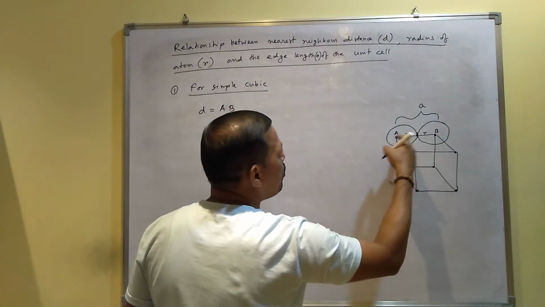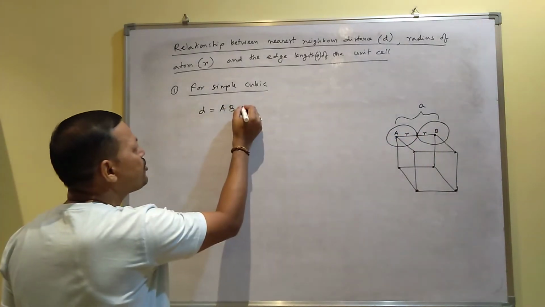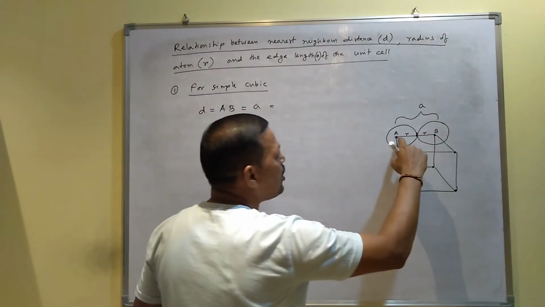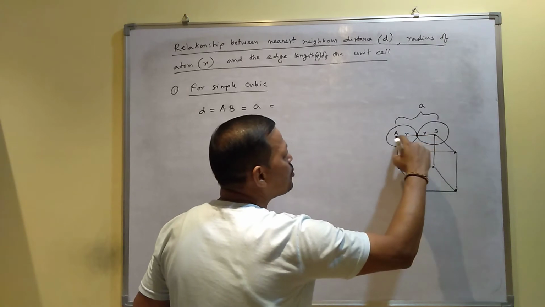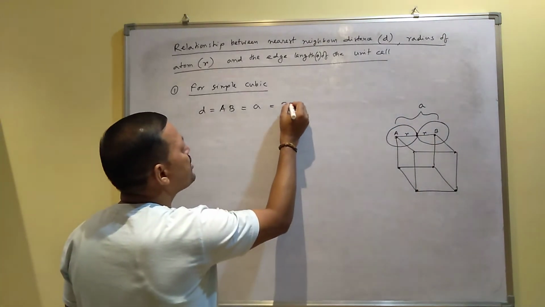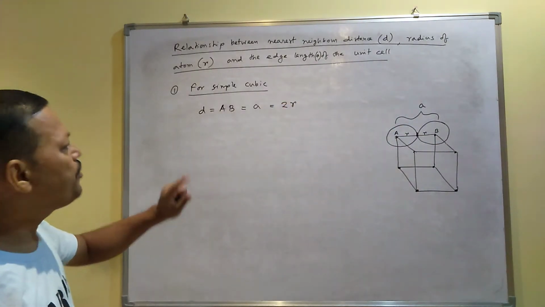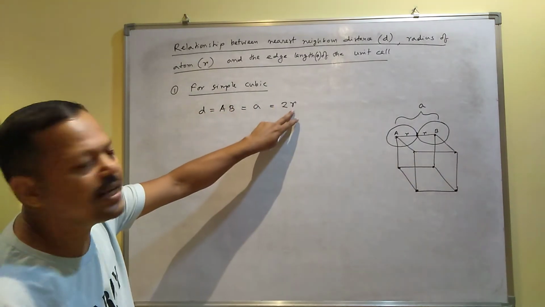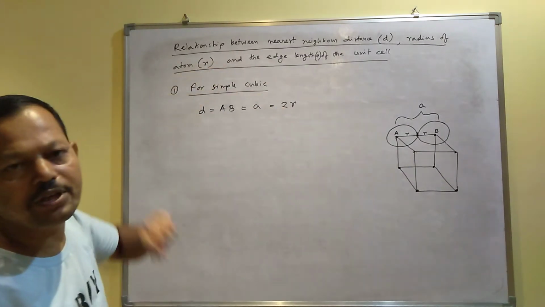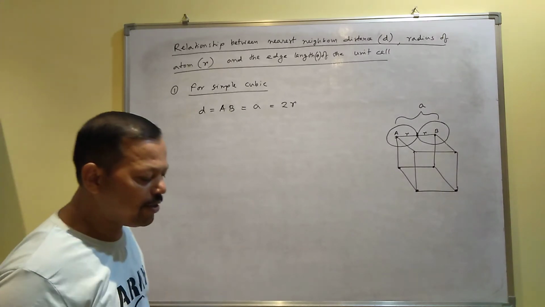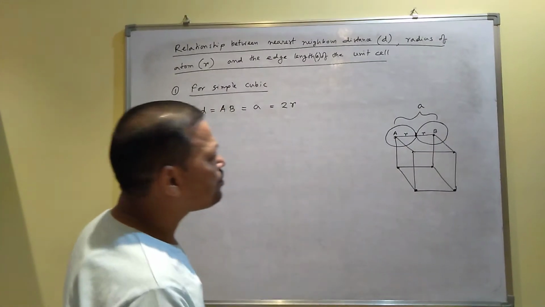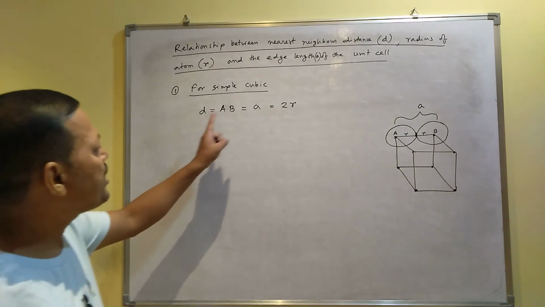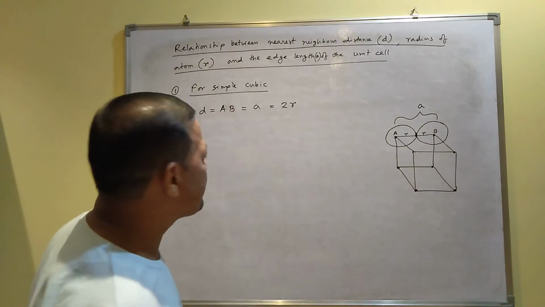This AB is the nearest neighbor distance, and this is also a. And in terms of radius, this is one r, this is another r, so a is equal to 2r. This is the relation between nearest neighbor distance, edge length, and the radius of the atom for simple cubic. It is very easy to find directly.